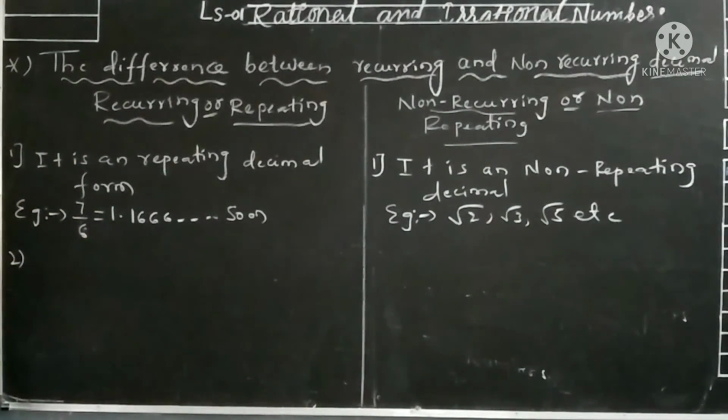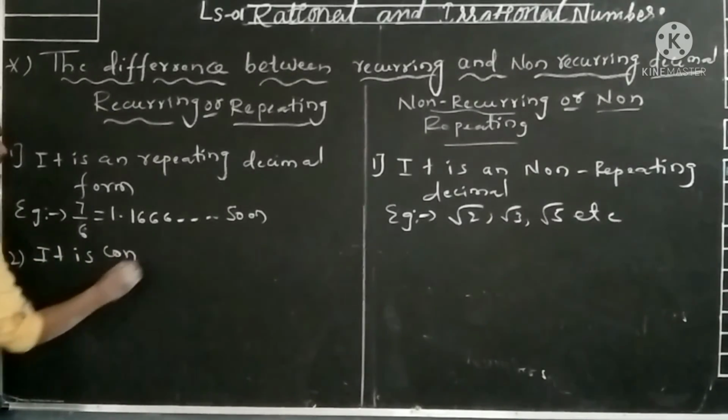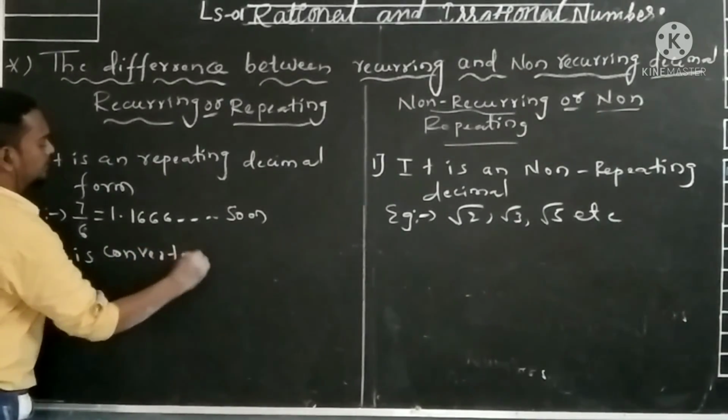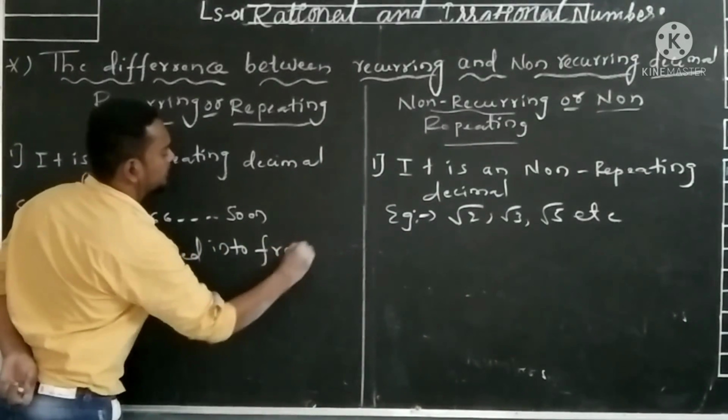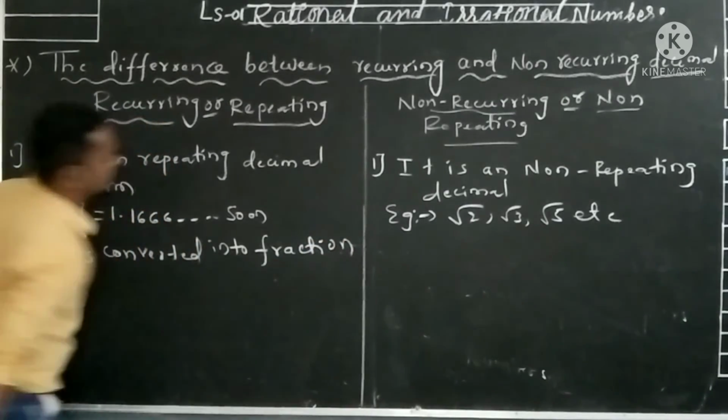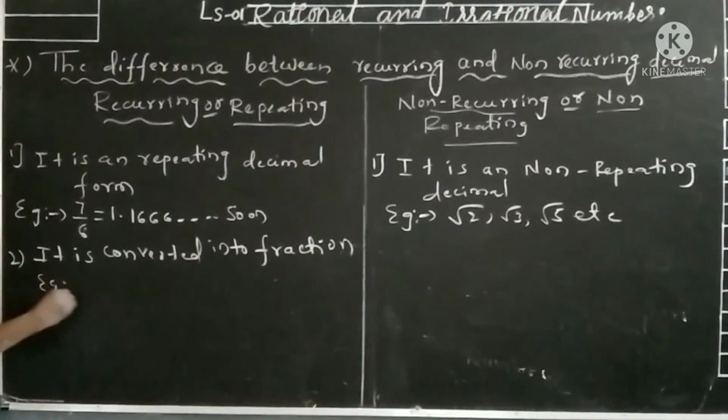Next, second point, a recurring decimal can be converted into a fraction. Example, 8 upon 7.